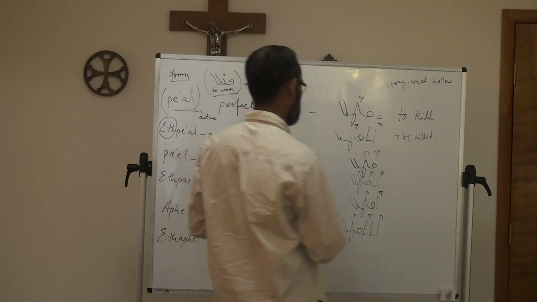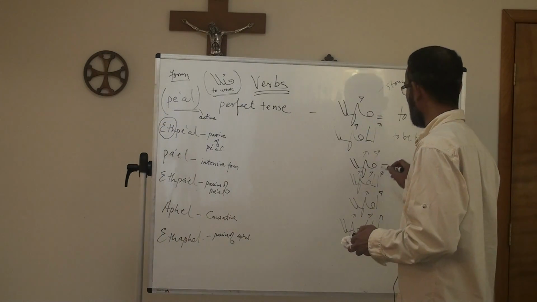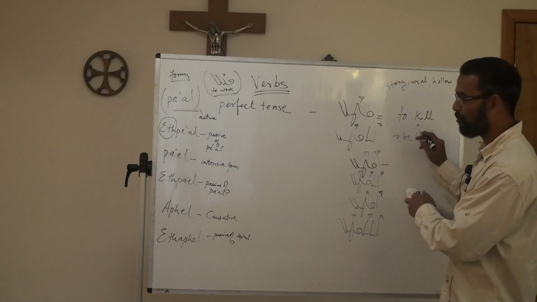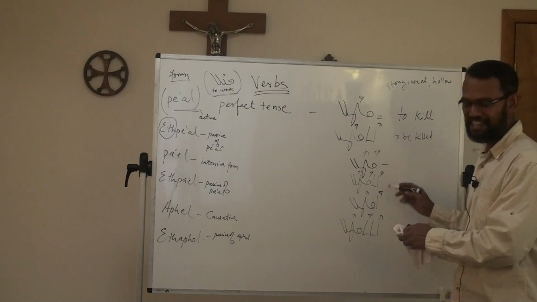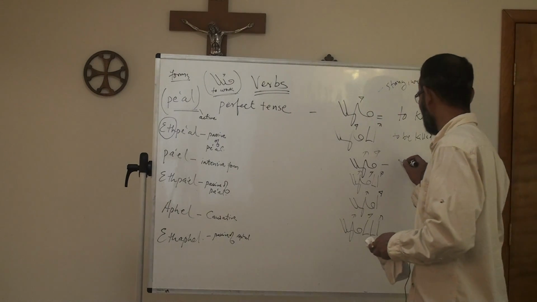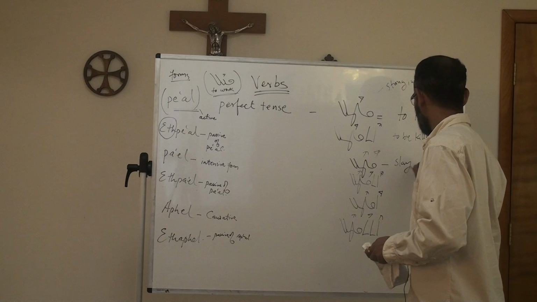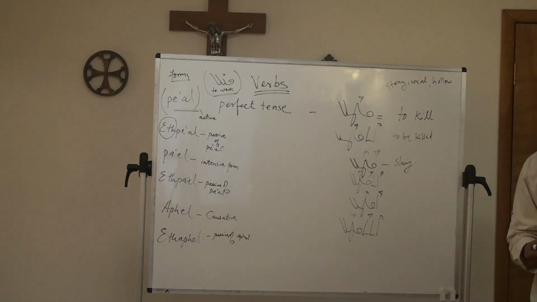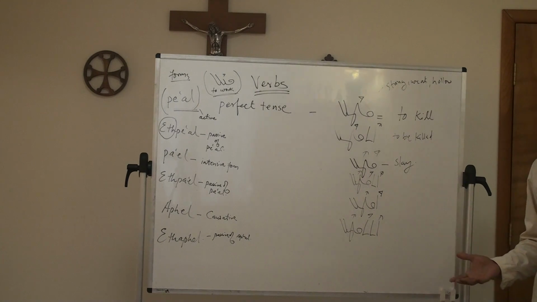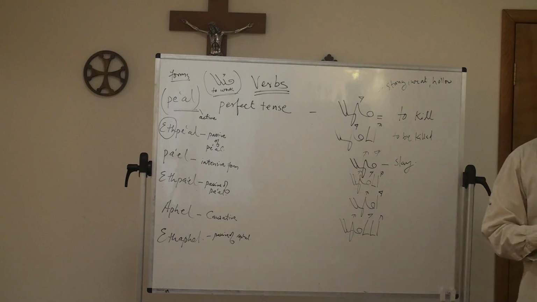Oh, I didn't write the meanings. Katil means an intensive form of killing. To slay, you can just take a word, slay. It's not just killing. If someone shoots someone by accident, it is killing. But just like we have in Syria and all, that's slaying of people.